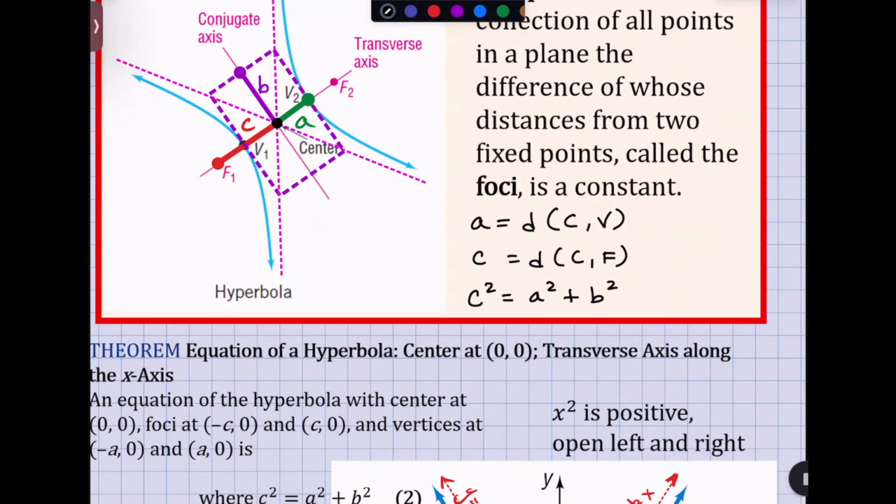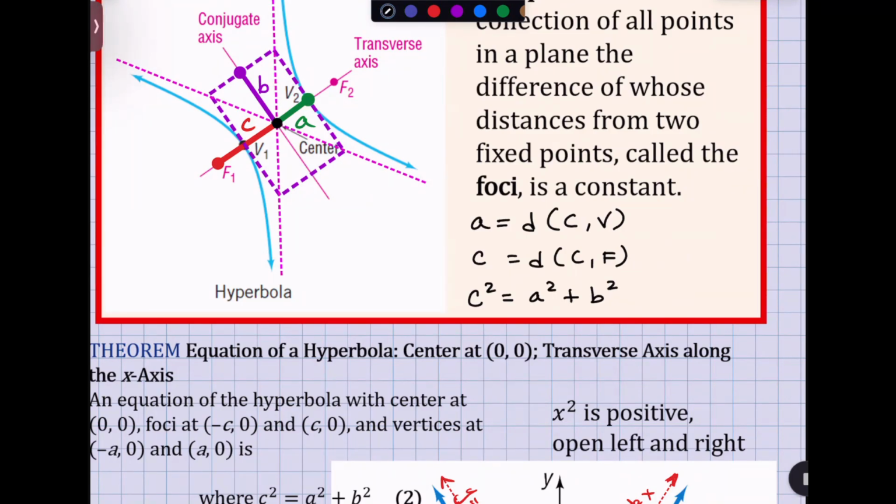So here's the good news. With the ellipse, we knew it came from a circle, right? So we knew it was x squared, y squared, and it was addition. Now, the relationship was c squared is equal to a squared minus b squared. So since the formula had an addition of the x squared and y squared, the relationship was subtraction.